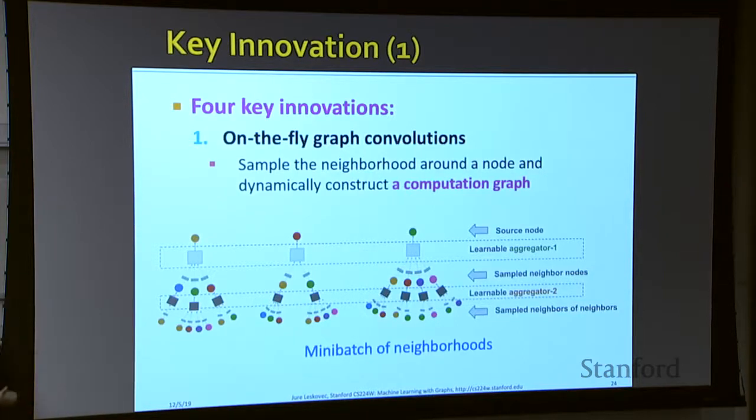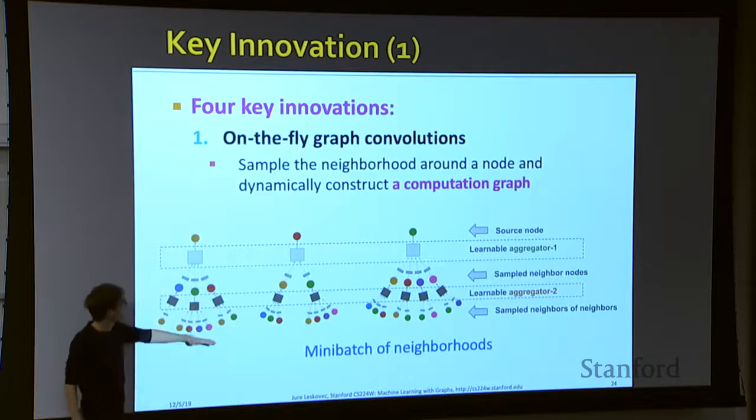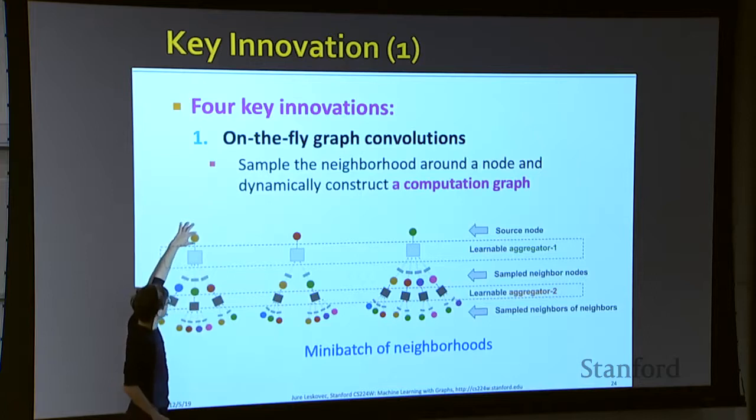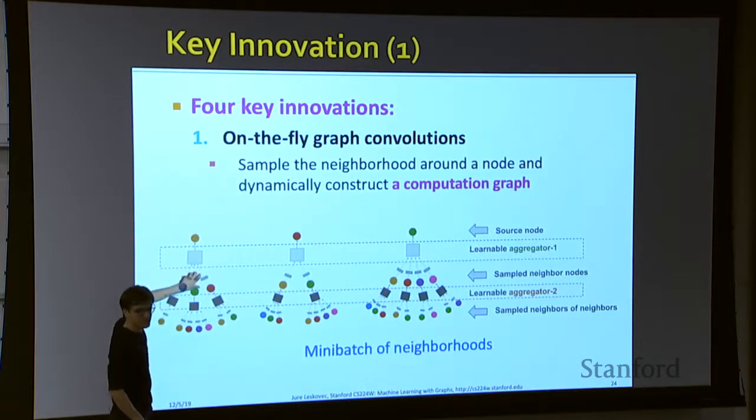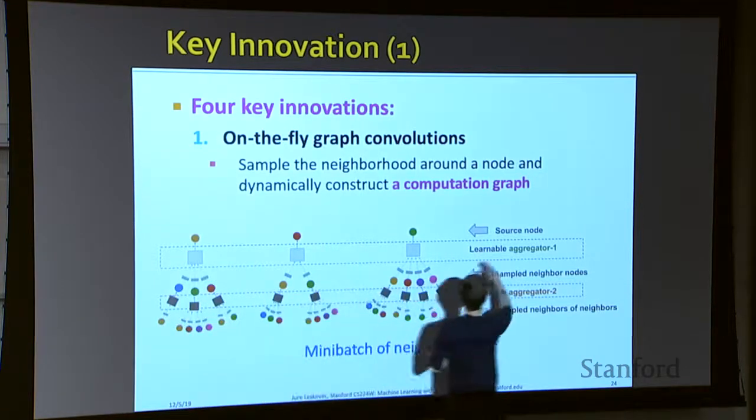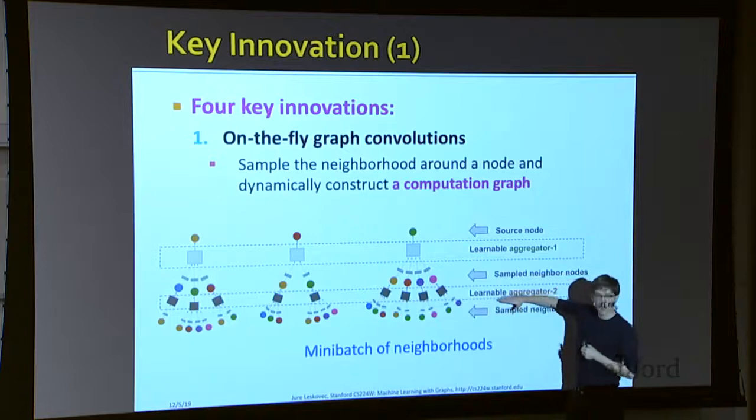So there are 4 key components to be able to do this at the large scale. So the first thing is that for every pin, we are going to generate the computation graph, right? As we talked in the lecture about graph neural networks. And then as we are doing the forward pass to come up with the embedding for the pin, we will have these operators, these aggregators and transformations that we talked about, right? And we talked that these aggregators and transformations are learned, right?